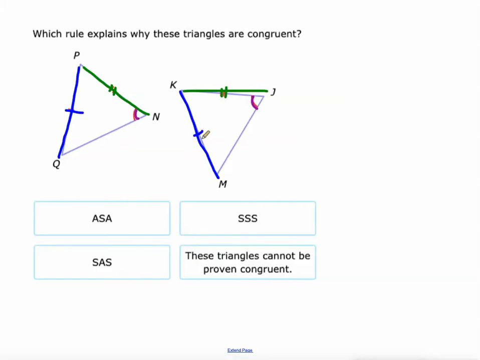So this is an SSA situation. We want an SAS. See, the A has to be between the two sides. So that is not the case. We would need these two angles right here, which we don't know to be the case. So we cannot prove that these triangles are congruent.